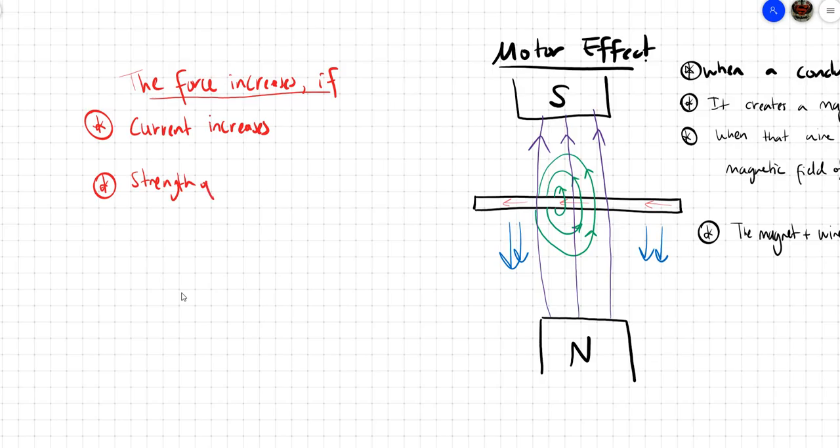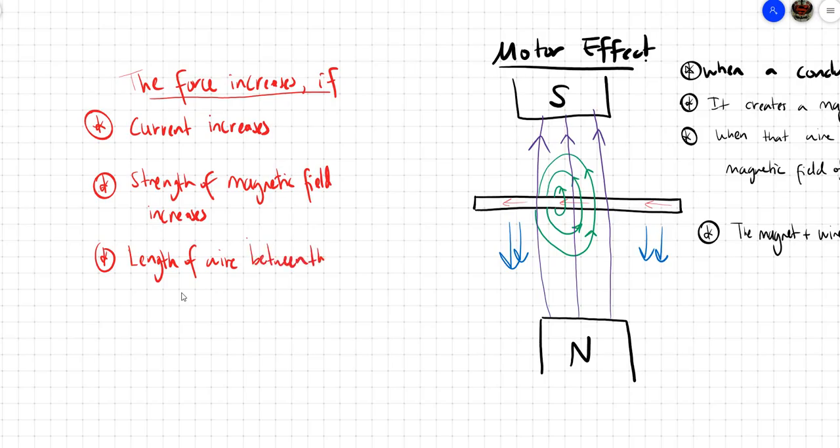Number 2. If the strength of the magnetic field increases. So if we make the magnet stronger, it means this magnetic field will be stronger. Third one. If the length of wire, so see here we have one single piece of wire, but if we increase the length of the wire between the magnets.